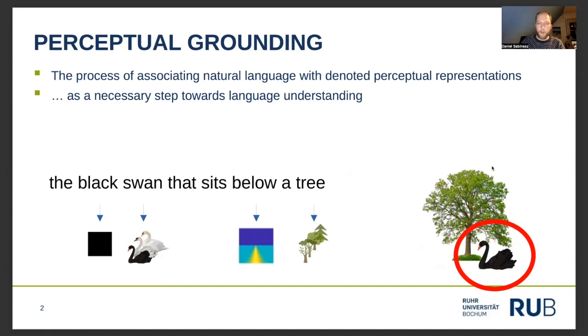Yeah, so we call perceptual grounding the process of, given a natural language phrase, associating the words with concepts and finding the denoted object in the visual array, right, in the visual representation of the scene or the perceptual input coming into our senses.